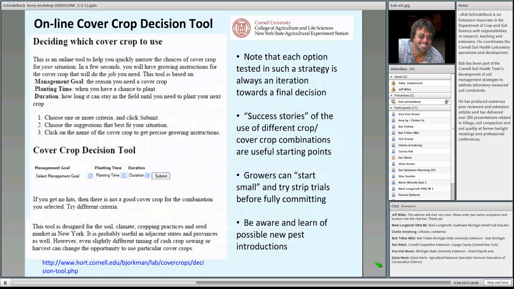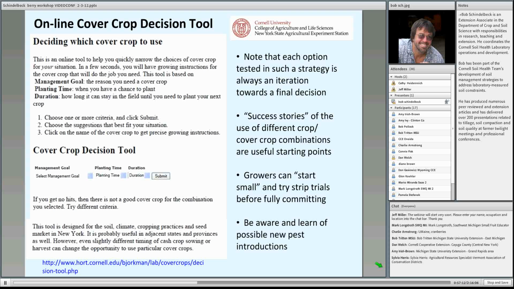All right, there's even an online cover crop decision tool. I've got the website down at the bottom. This was developed by Thomas Bjorkman, a Cornell researcher up at Geneva, where you can actually type in a management goal, the reason you need a cover crop.